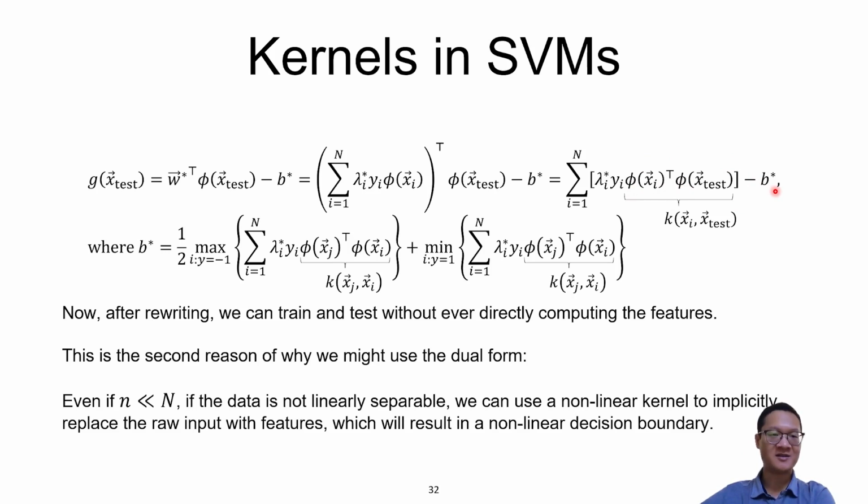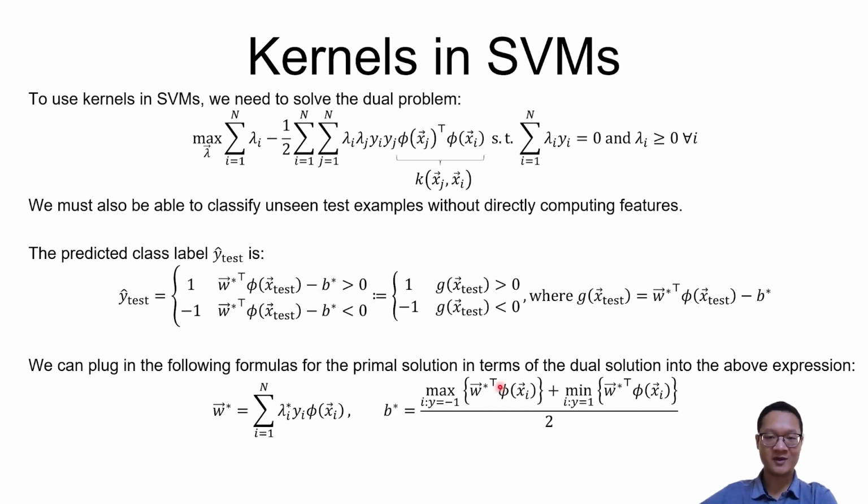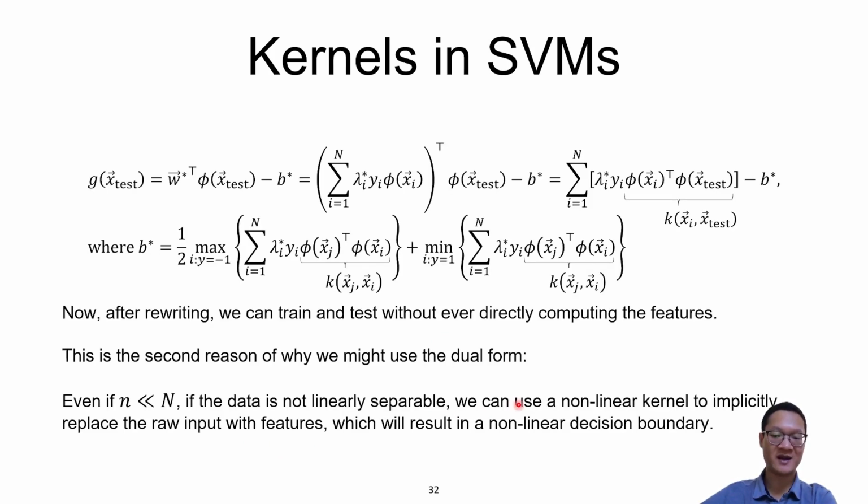For the b star part, b star is equal to this expression over here with the w transpose phi. After plugging in w star in here, we also see that we always have phi transpose phi. On the slides, I was not careful with the indices, so this summation should have index j in both cases.